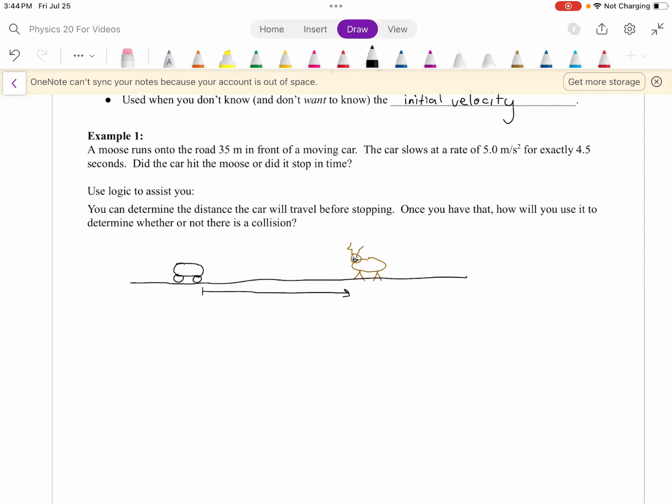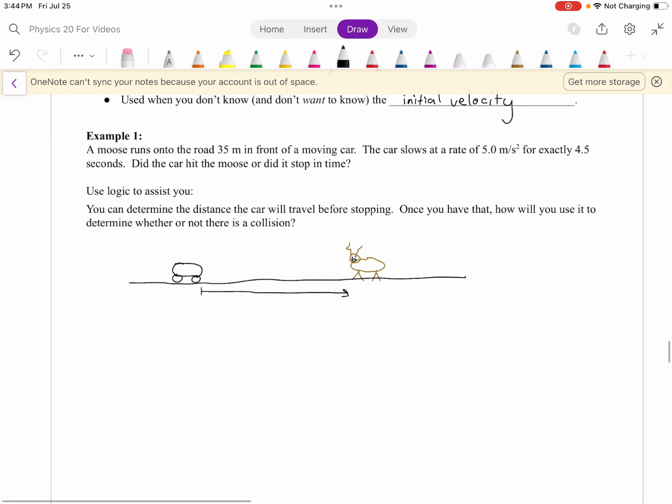So we know that that's the distance the car has to stop within to not hit the moose, okay? Now careful, we don't actually know that that's how far the car went, right? We are actually trying to figure out, I would say one way we could approach this is to figure out how far did the car go, right?